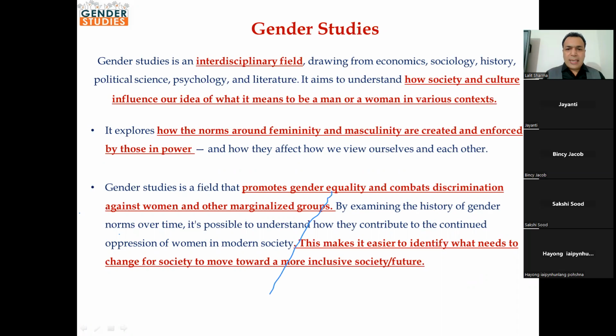Okay, it talks about women's empowerment as well as other marginalized groups. By examining the history of gender norms over time, it is possible to understand how they contribute to the continued oppression of women in modern society.